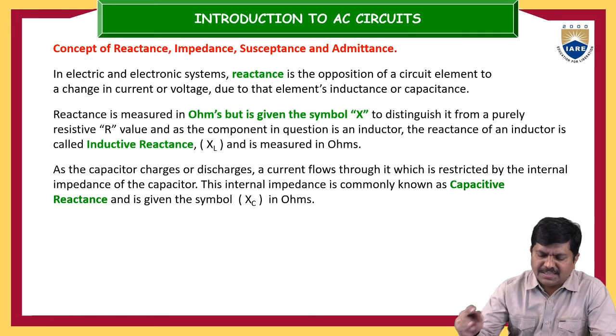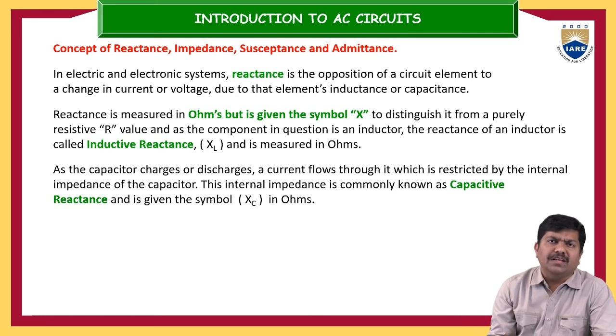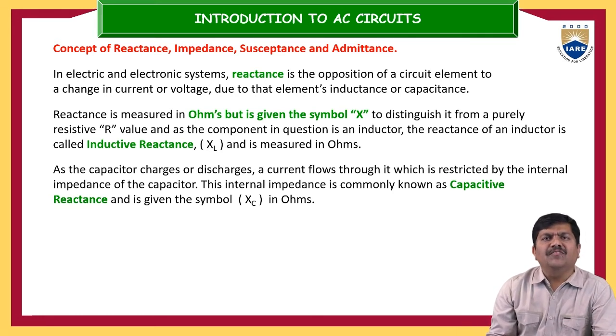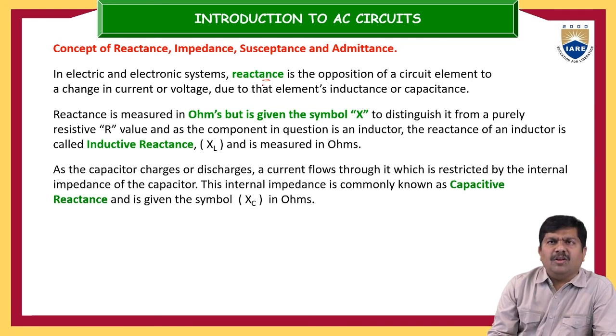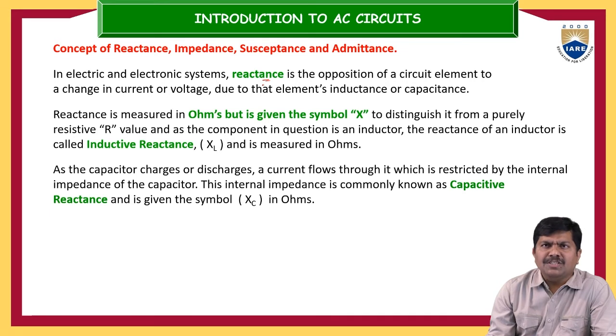But in addition to this resistance, the inductance of the line causes some opposition for alternating quantities. That is called reactance. Reactance, in electrical and electronic systems, is the opposition of a circuit element to a change in current or voltage due to that element's inductance or capacitance.